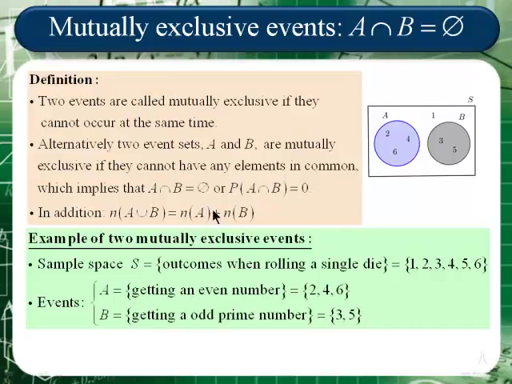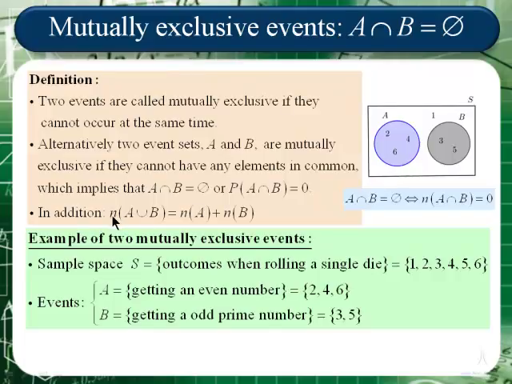But because A intersection B is the empty set, the cardinal number of A intersection B will be 0. So whether two events have an empty intersection or whether the cardinal number of the intersection is 0, both imply that we have mutually exclusive events.